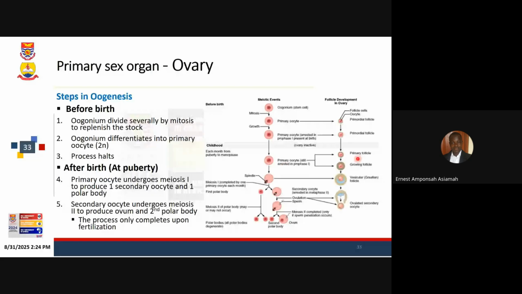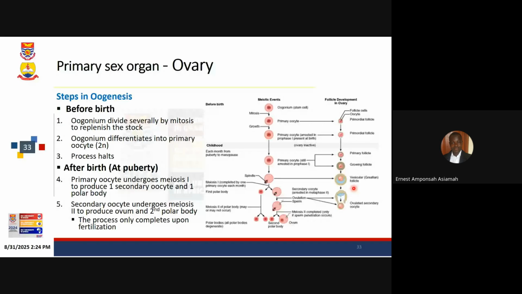Then the follicles will grow and become the secondary follicle. Then we get to a point where we have the tertiary follicle, or the Graafian follicle. The Graafian follicle is that stage where the oocyte is almost ready for release.